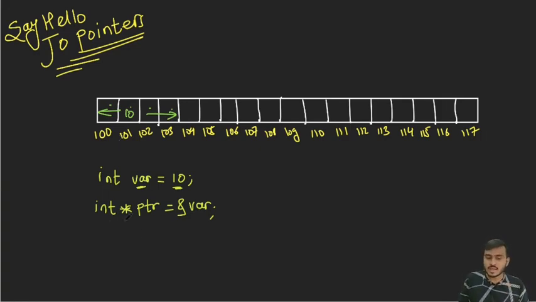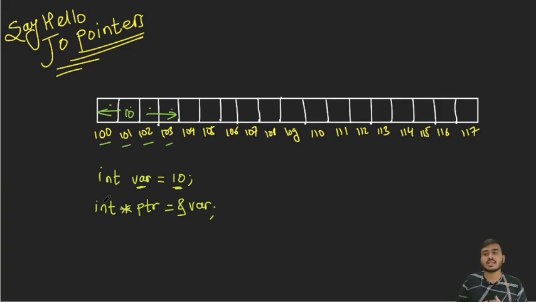Now whenever we write int star ptr is equal to address of var, we are storing the address of var in ptr. Now what is the address of var? Var is a variable and it is taking 4 bytes of memory, so actually it has 4 different addresses: 100, 101, 102 and 103. But when we talk about the address of var, we just talk about the first address from which the variable starts.